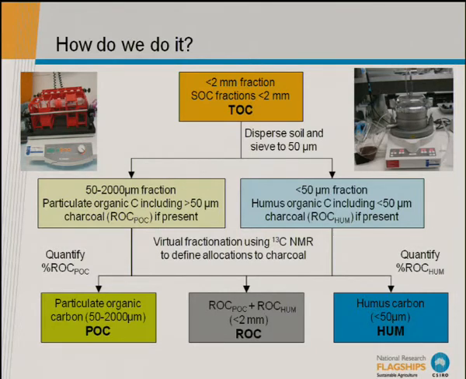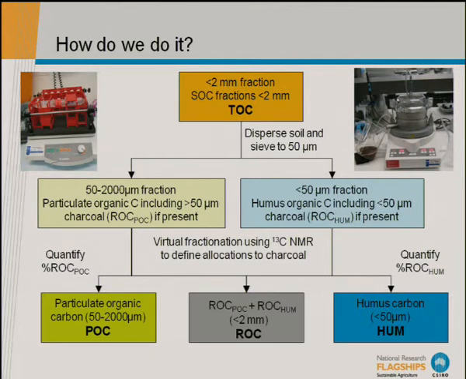So it might change some of the numbers from some of the long-term trials we've done in the past. We are looking back at a lot of them, so some numbers might be changing a little bit, but we are recognizing that we might have been missing a little bit of that charcoal in the past, so hopefully the data is better now.